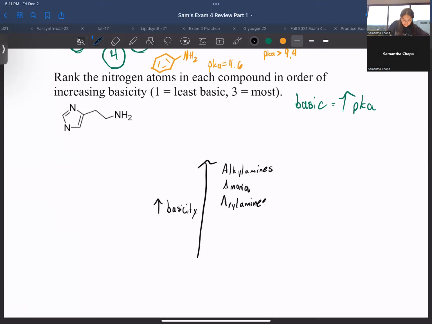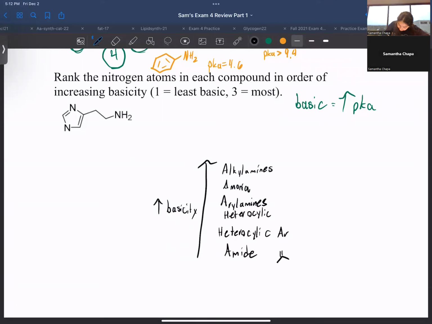Aromatic heterocyclic things, so with the nitrogen being included. I'll show you examples of each of these. Heterocyclic with your nitrogen donating electron aromaticity, and your amides are the least basic. So I'll give you examples of all these.